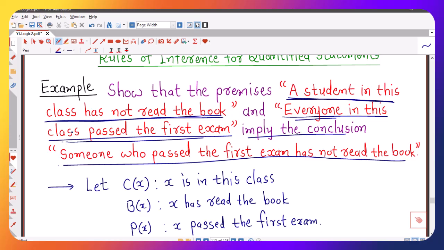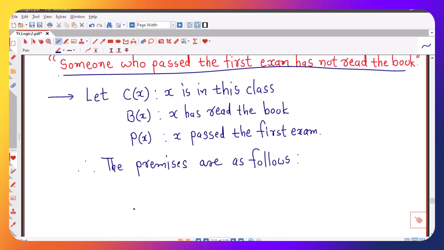Or if we use x for notation, then we can say that there is some x such that x is in this class and x has not read the book. So we can use the existential quantifier.